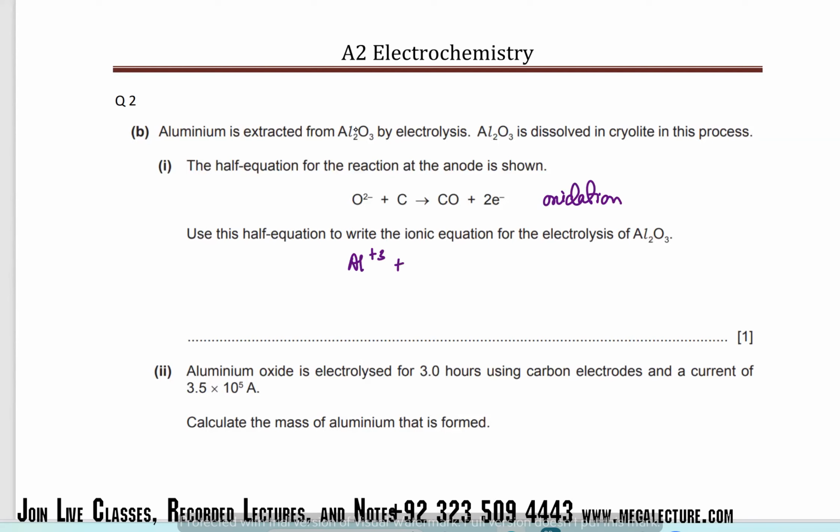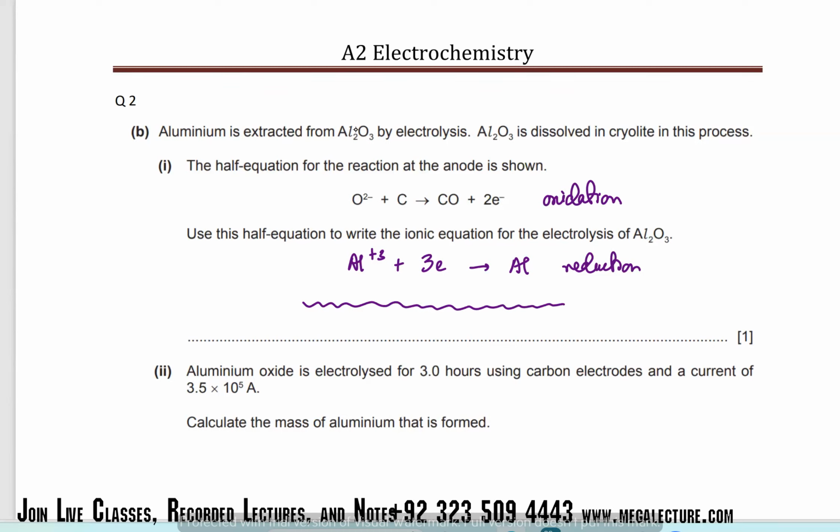So if you're extracting aluminium, the reduction equation will be that aluminium is the one that's getting reduced. So that's my reduction equation. I've got both equations, and I'm just going to add them up.